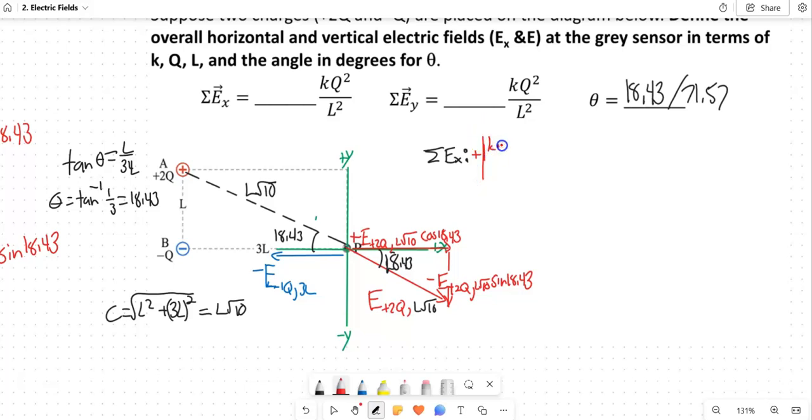That's k times positive 2q all over L square root of 10 that we're squaring, cosine of 18.43, and we're going to be subtracting that from this, which is going to be k times a negative 1q all over 3L that we're squaring.